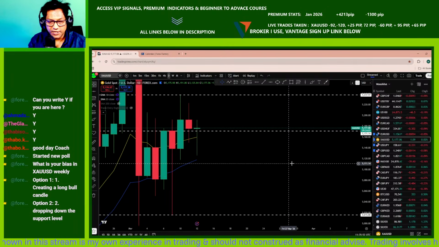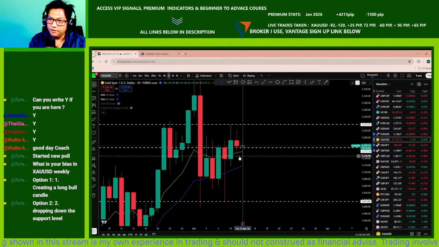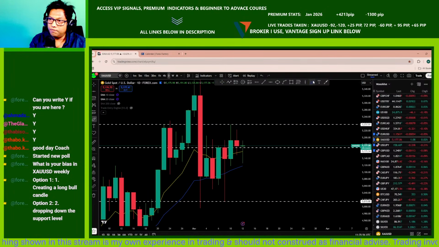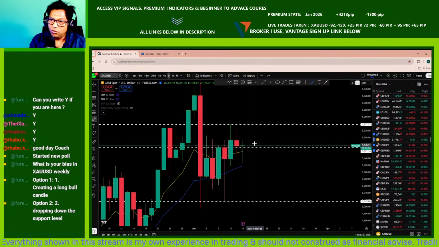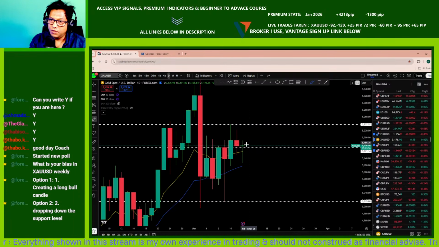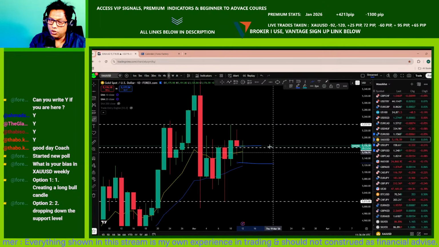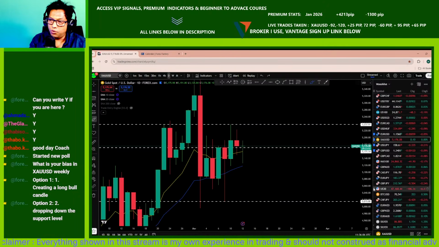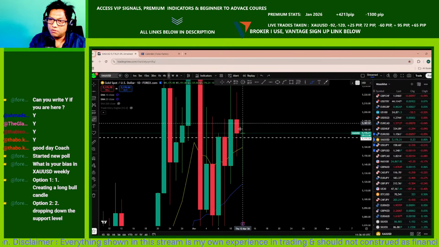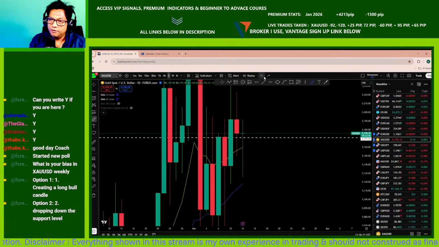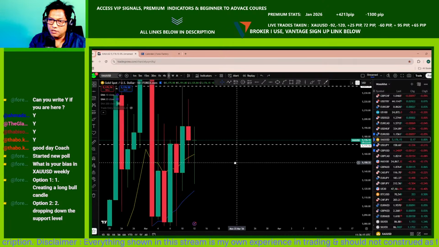Looking at the daily market structure here, with this pretty long-wick doji with a very small body, the market may eventually cross this high and create a new higher high.